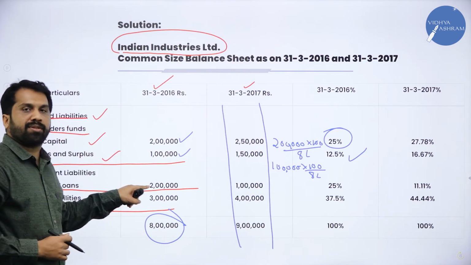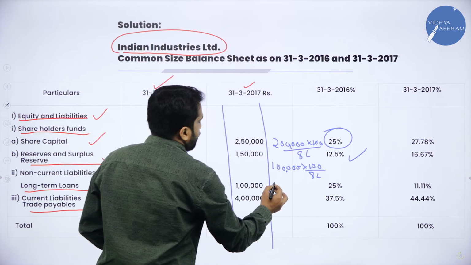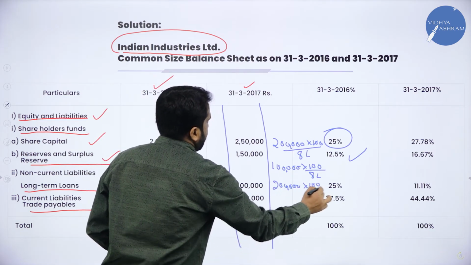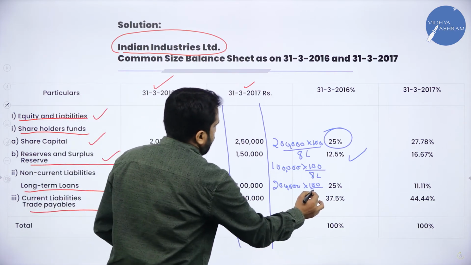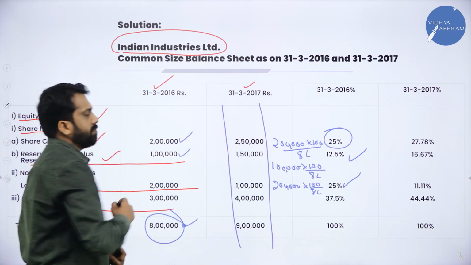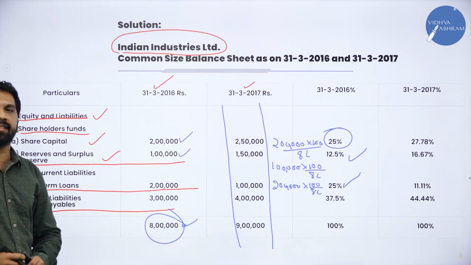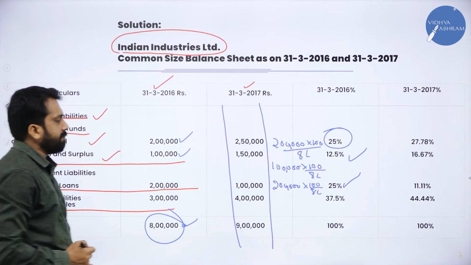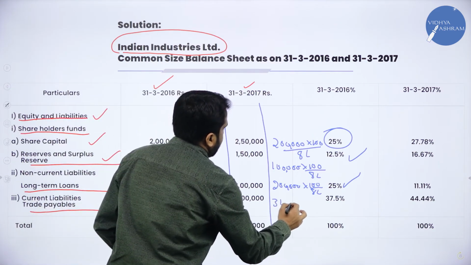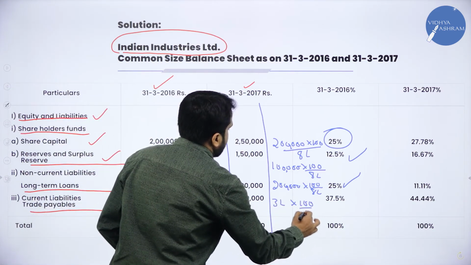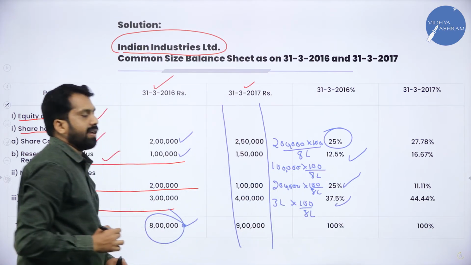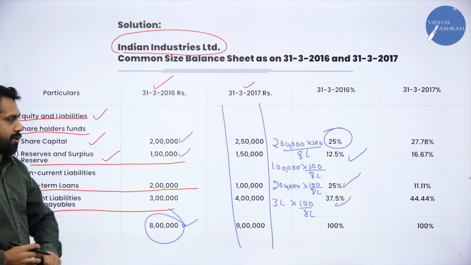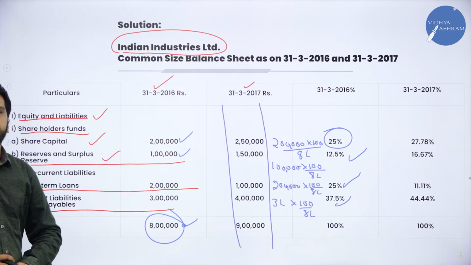Now again you have 2 lakh. So 2 lakh multiplied by 100 divided by your total, your answer is 25%. Next, the last one is 3 lakh. 3 lakh multiplied by 100 divided by 8 lakh, your answer is 37.5.